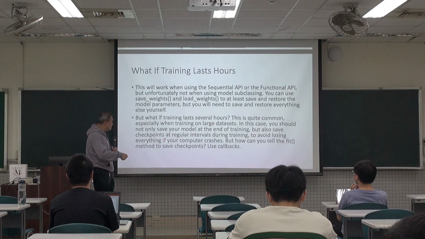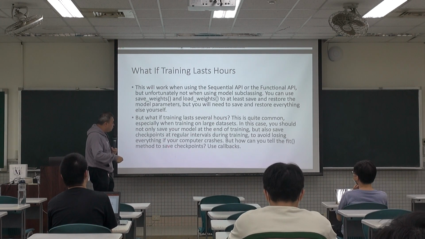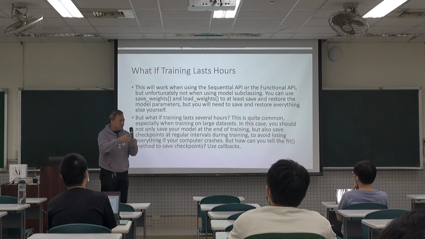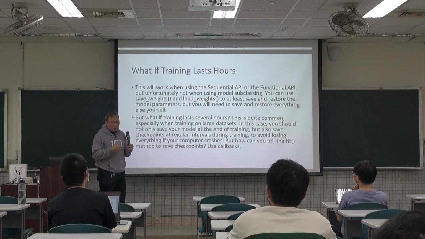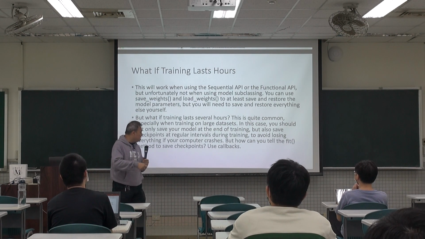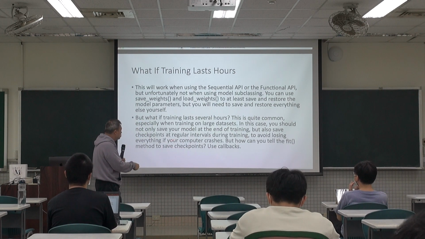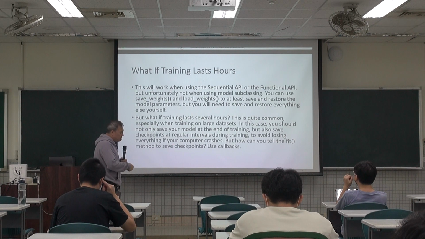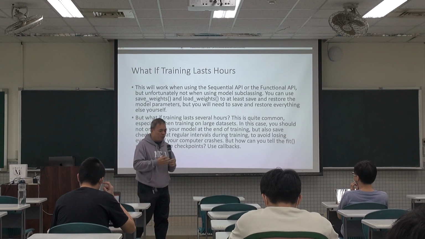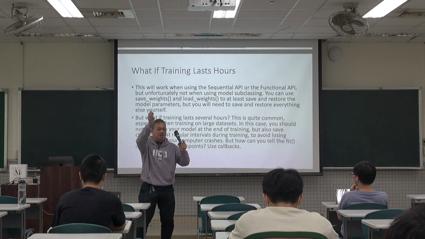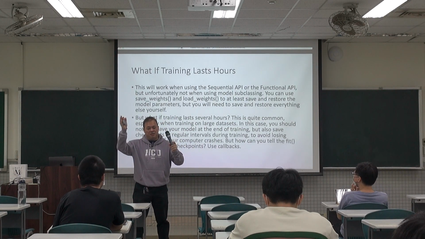The important thing is that we have a way to keep the intermediate results of the model training. It's called callbacks or checkpoints. A checkpoint is like when you are doing something, you save the intermediate results.